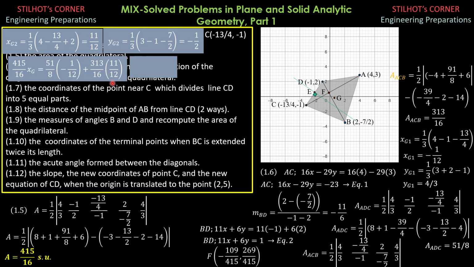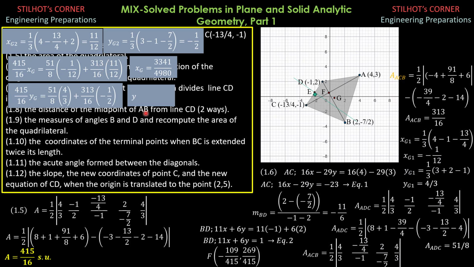So solving for xg, it is at 3,341 over 4,980. That's less than 1, and most probably it's this location here. Then yg: 415 over 16 yg is 51 over 8 times 4/3 plus 313 over 16 times negative 1/2. So yg is equal to negative 41 over 830.